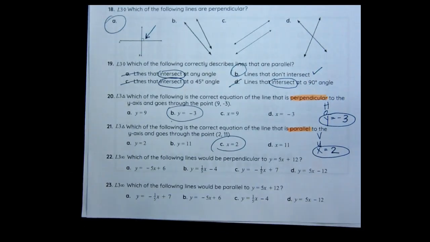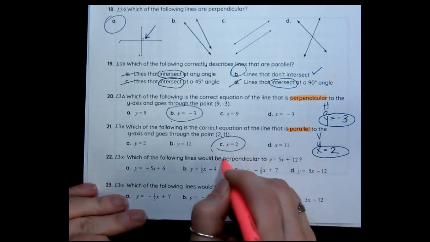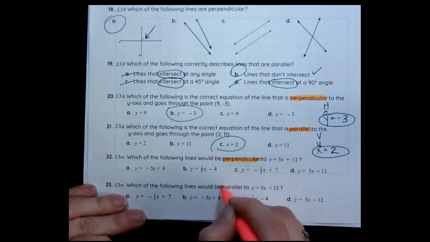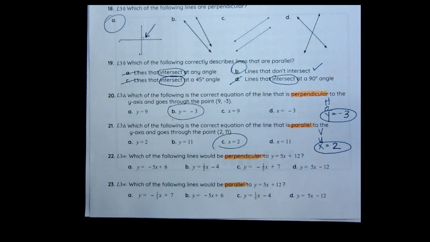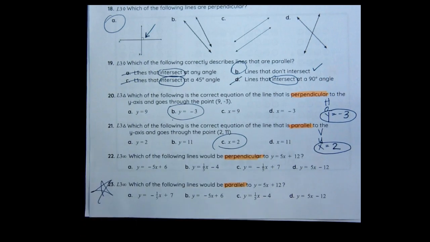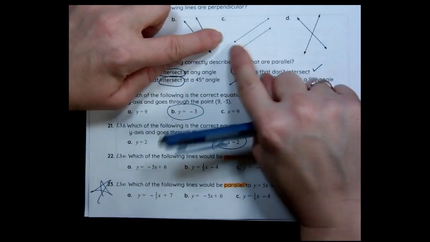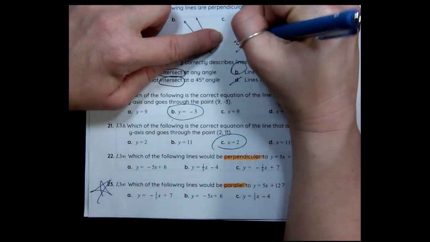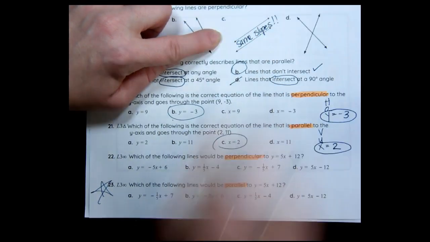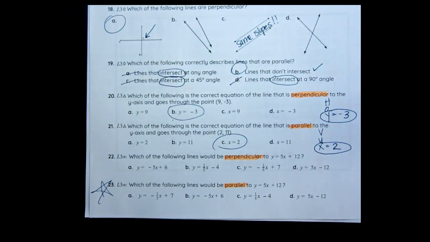Which of the following lines would be perpendicular to that equation? And then this one says parallel. So I'm going to do the parallel one first. I'm actually going to come down here and do 23 first. What we learned about parallel lines is that they have the same slopes. Okay, they've got to. They rise and they run the exact same way.